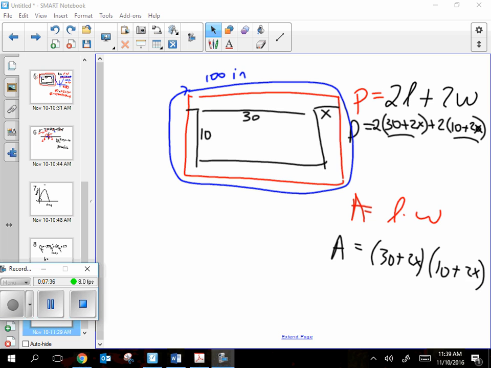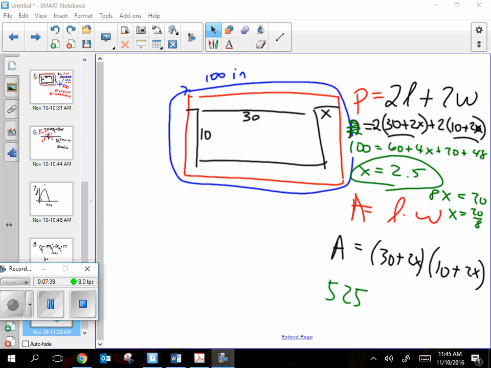Let me piece this together. So we came up with sticking in the 100 in for the perimeter, the 100-inch ribbon that's going around the outside of this frame. I apologize if I missed a second of this on the recording. We solved it down and figured out from right here, we came up with X must be, the frame must be 2.5 inches wide.